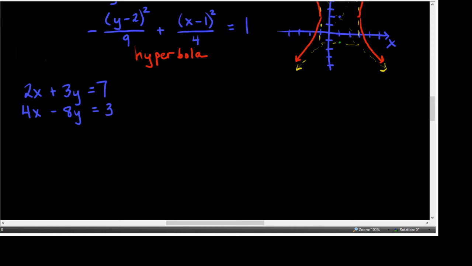And you may have learned a technique called linear combinations. Or that's what I call it, linear combinations. And what that involves is multiplying one or both equations on both sides by a constant so that when you do that and add the two equations together, one of the variables disappears. So I'm multiplying the top equation on both sides by -2.